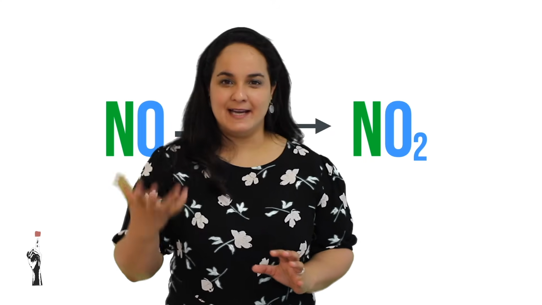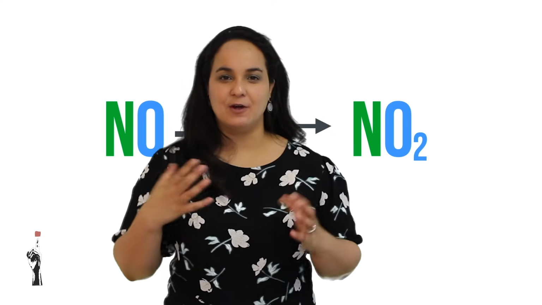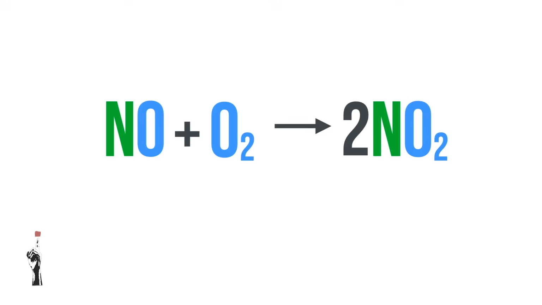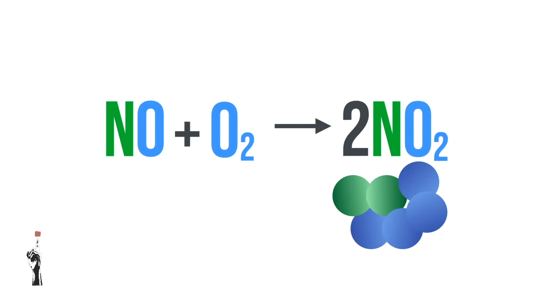So it's going to become a game of trial and error. We will start with 2. If I were to place a 2 in front of the product, therefore making 2 nitrogen atoms and 4 oxygen atoms on my right-hand side, because 2 times the subscript of 2 is equal to 4. All right. Now I have 2 nitrogens and 4 oxygens on my right-hand side.